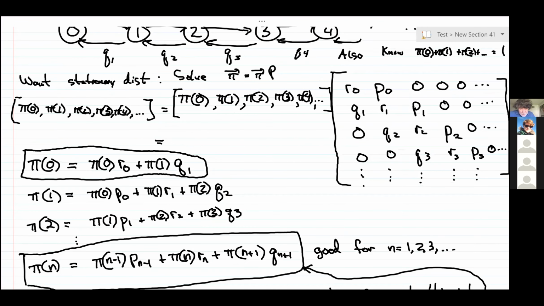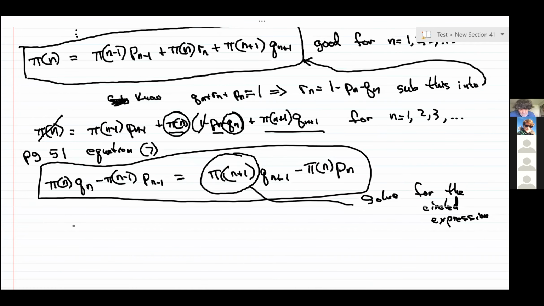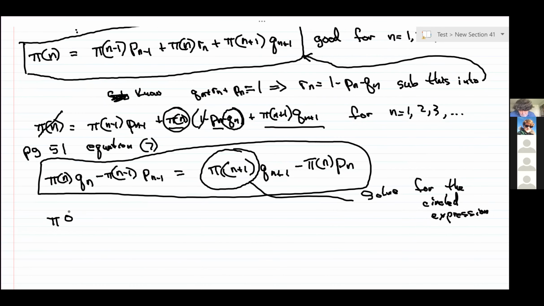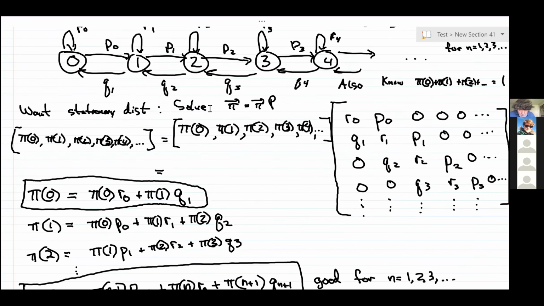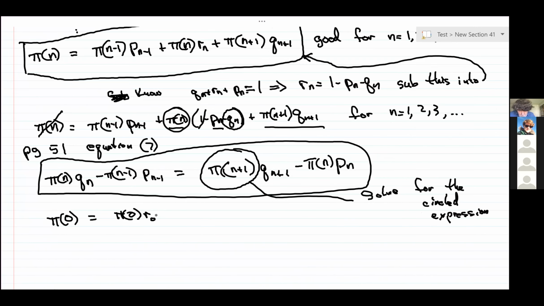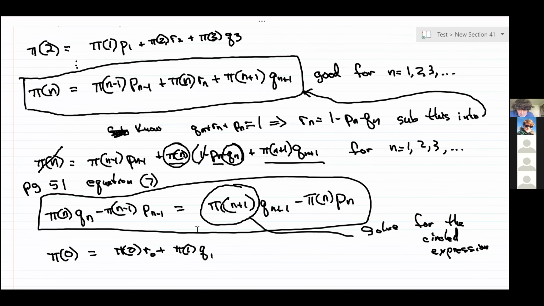So let's carry this thing down. Pi0 is Pi0 R0 plus Pi1 Q1.